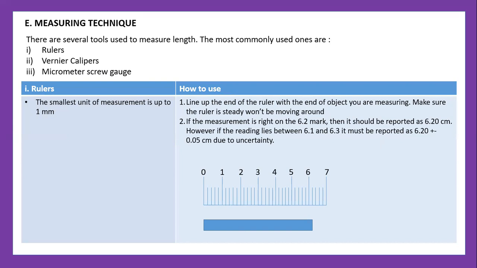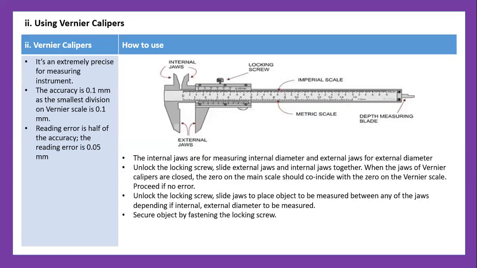If the measurement is right on the 6.2 mark, then it should be reported as 6.20 centimeters. However, if the reading lies between 6.1 and 6.3, then it should be reported as 6.2 plus or minus 0.05 centimeters due to uncertainty.